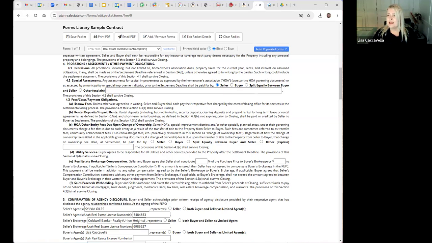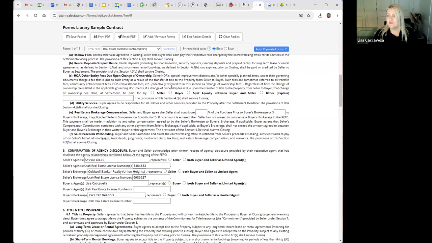Again, the HOA change of ownership fees. On the listing side, I like nothing better than to have a buyer pay that. Those fees are sometimes called reinstatement fees, reinvestment fees, or transfer fees. There's a whole bunch of names for them, and they can be really expensive. In some areas of Daybreak and Eagle Mountain, they're 0.5% of the purchase price.